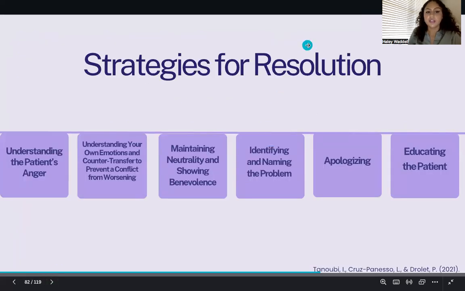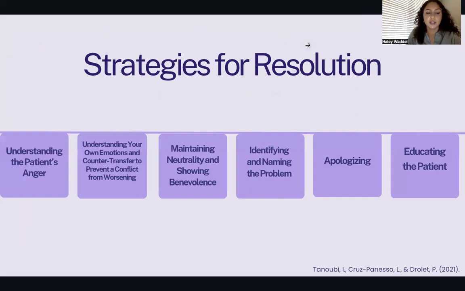So, some strategies for resolution. The most basic thing that you can do is understand the patient's anger, where they're coming from. Why they're upset is really the main part of it. And then understand your own emotions and try not to countertransfer those emotions, so you can prevent a conflict from worsening.